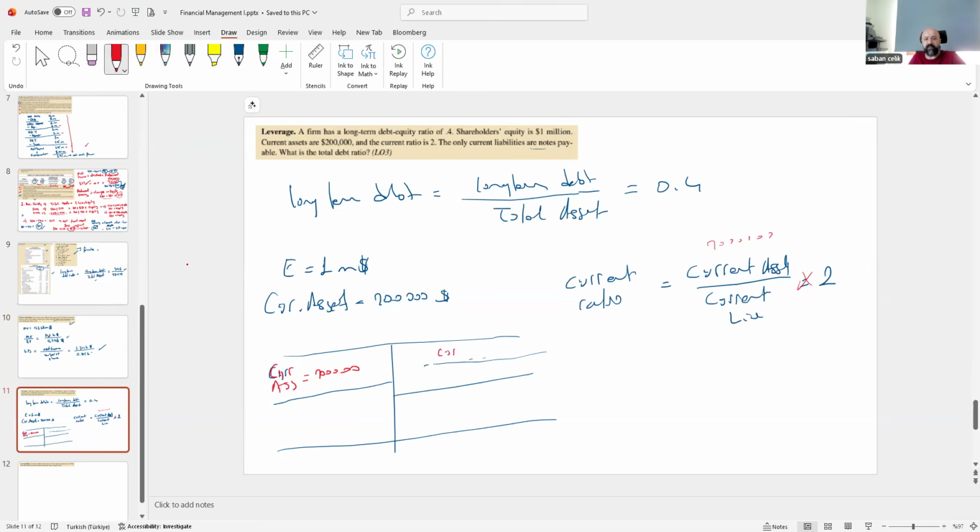So this is current liabilities, 100,000. Here, long-term debt to total asset, and also we have equity. Equity is $1 million. Here we do have the only current liabilities are notes payable.